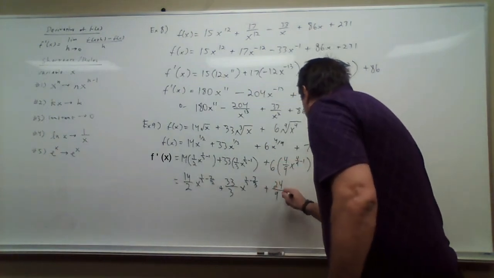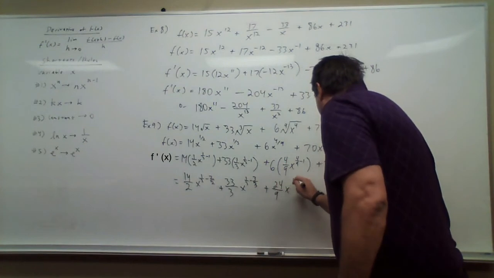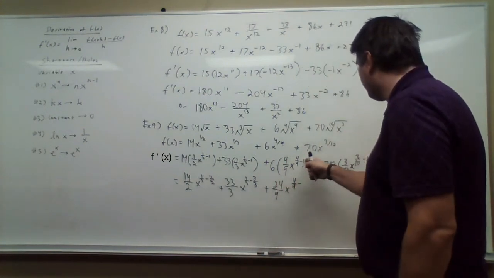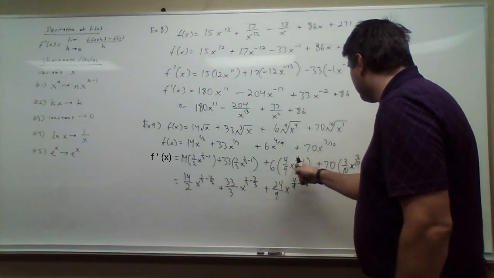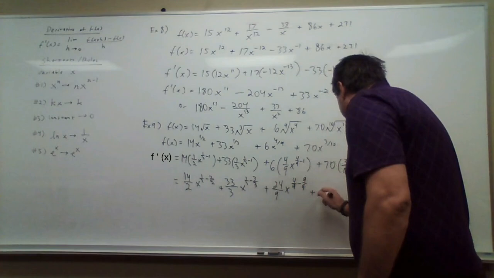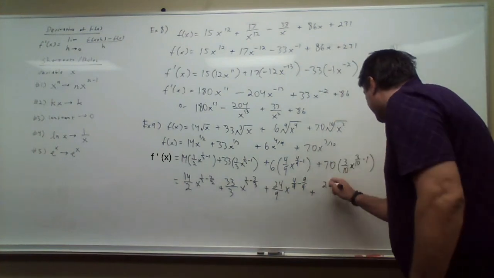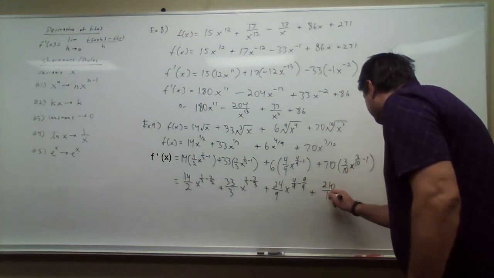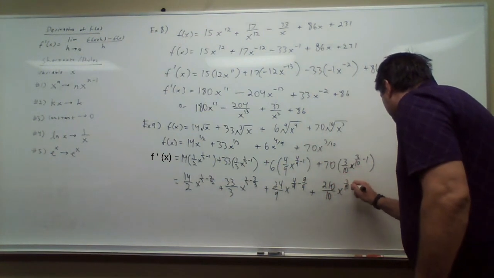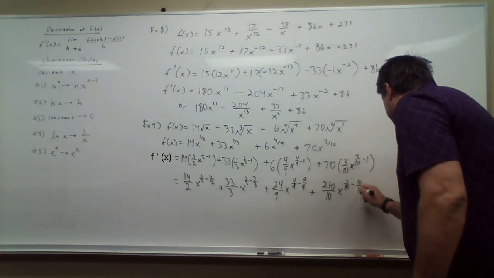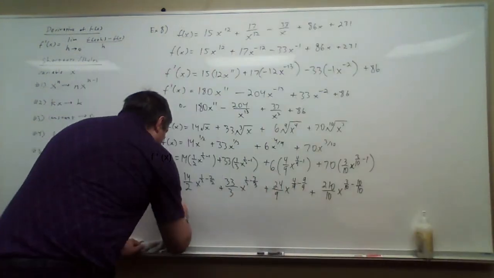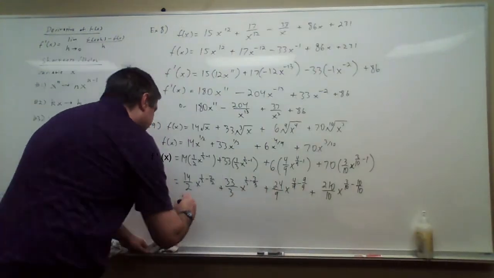Put over 9, and we have x to the 4/9 minus, we want a fraction equivalent to 1 based on 9, so 9/9. Plus 70 times 3 is 210. Put it over the 10. And we have x to 3/10 minus 10/10.